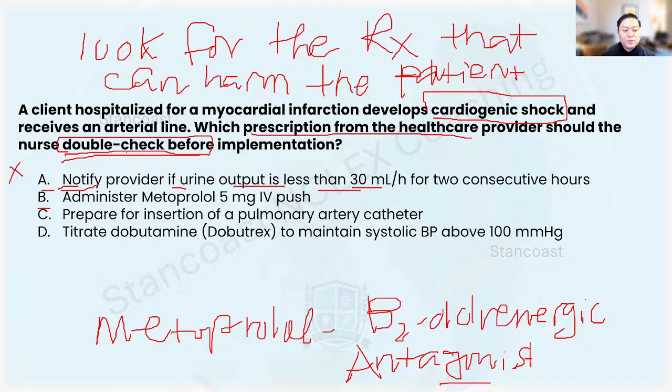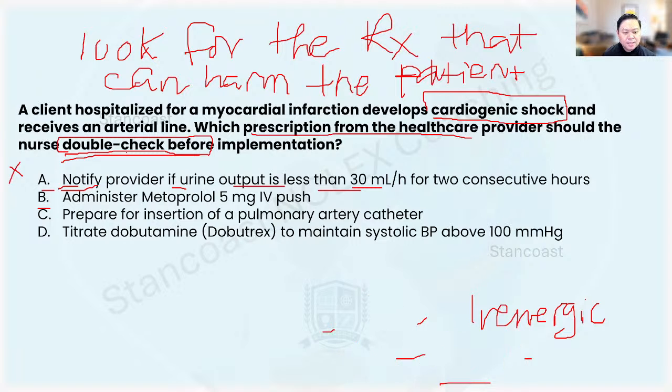So, remember about the effects of the beta adrenergic antagonist? In order for you to understand, let me throw in some pharmacological caricature here. All right, let me erase this. So that is a beta 2 adrenergic antagonist. I need more space. Let me erase this. What is the role of the beta blocker?